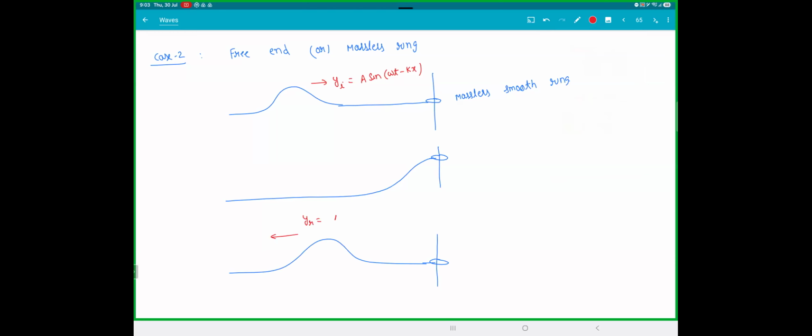So y reflected will be A sine, the wave is going left side, so kx plus omega t. Yeah, that minus will change the middle. So here the incident wave and the reflected wave are in phase. All clear with this?